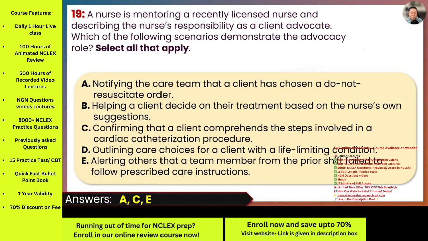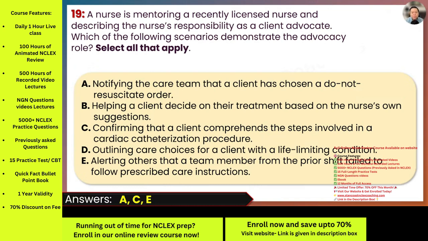recall the advocacy. Basically, it protects the client's rights and safety. So you have to think about what directly benefits the client, and ask if the action can ensure the client's decisions are being followed, and also ask if the action prevents harm or improves care.